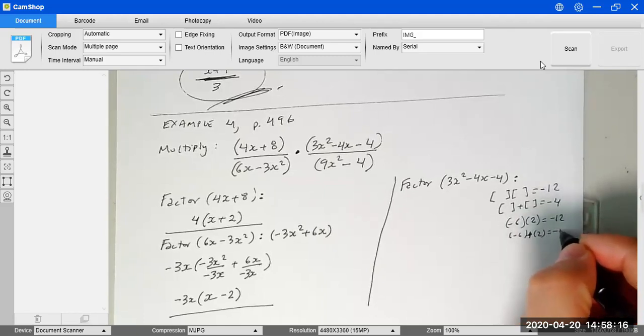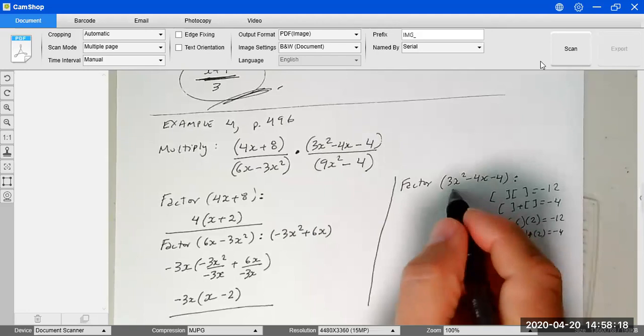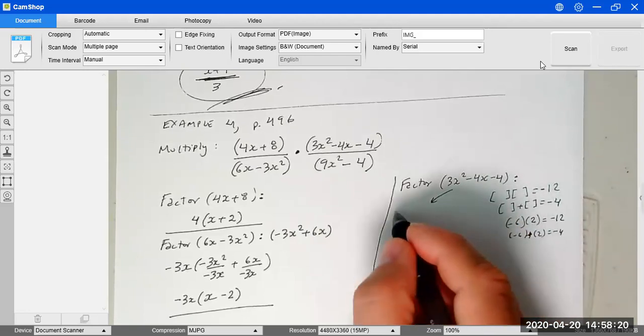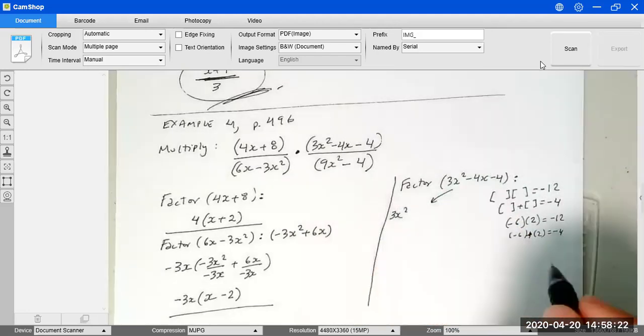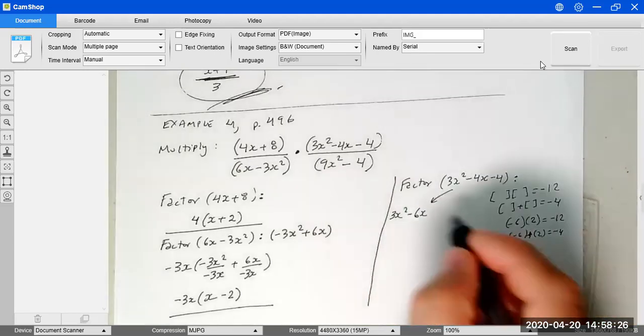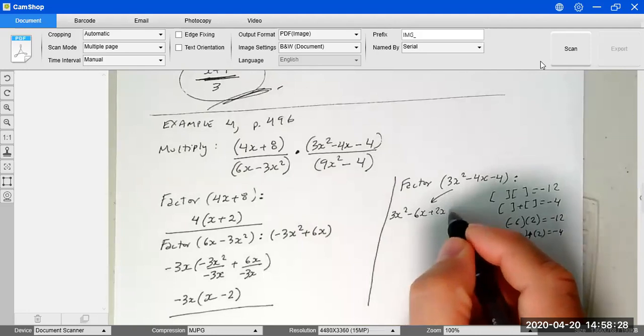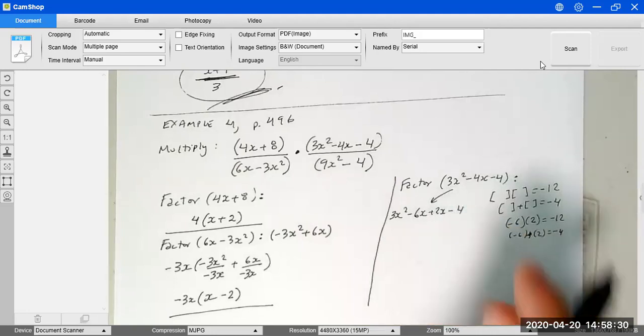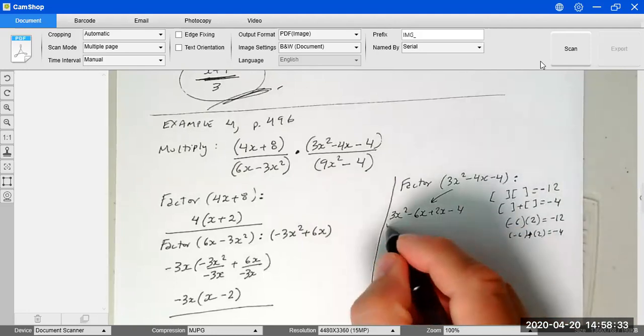So this trinomial can be written as 3x squared minus 6x plus 2x minus 4. Then you factor by grouping.